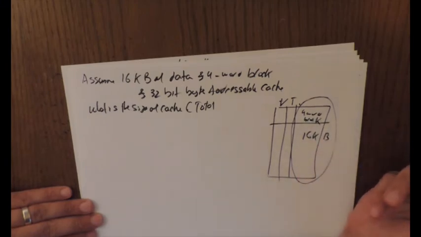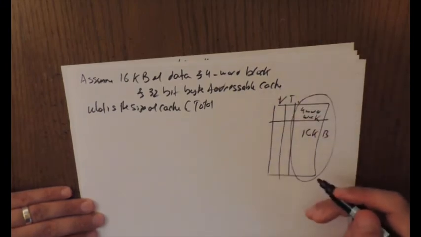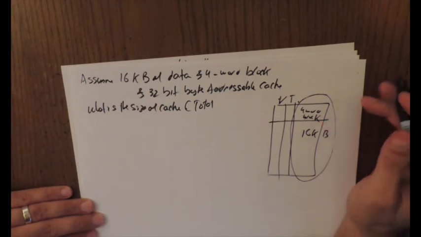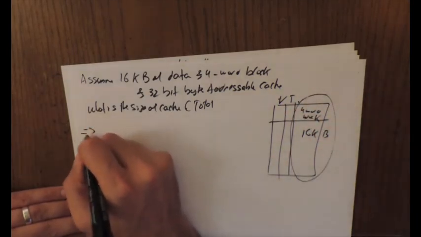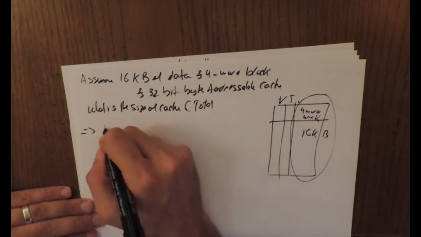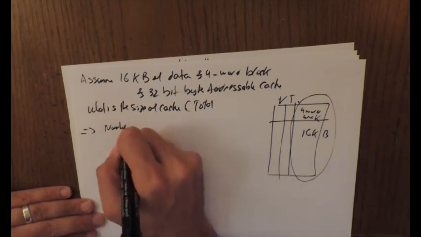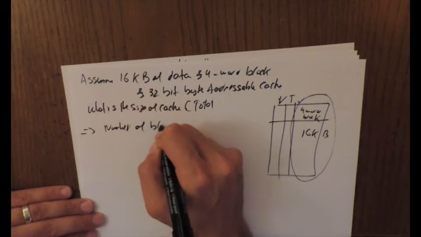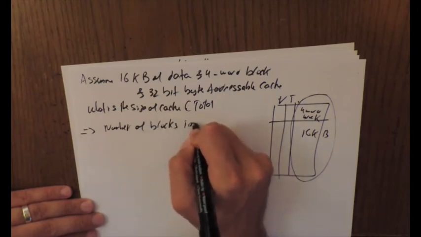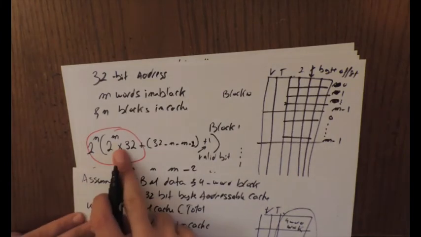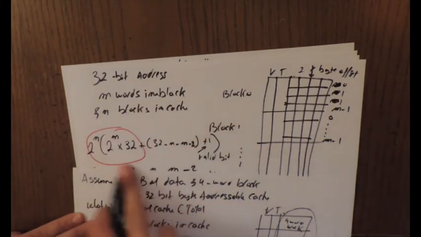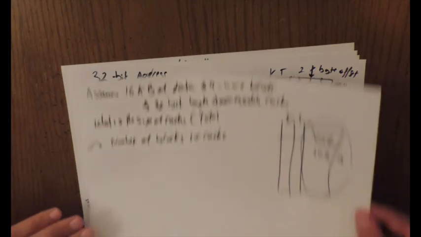So how many blocks do we have? The number of blocks in the cache is unknown. We need to find n and m to solve the size equation for this formula.